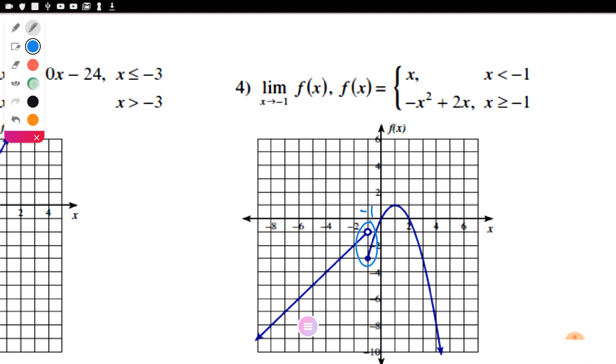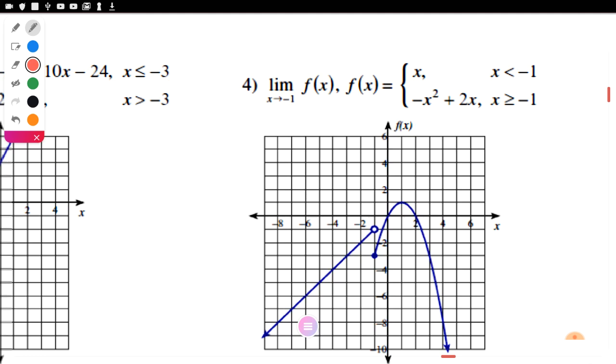Look with me. As we approach -1 from left, f of x approaches what? -1. It means the limit from left. Okay, as we approach, sorry, different color, yellow, from right, f of x approaches what? -3.